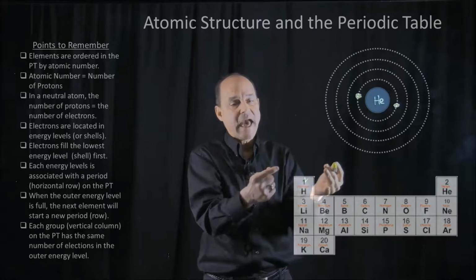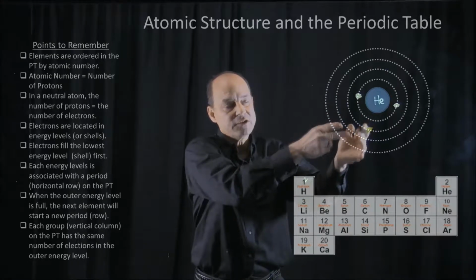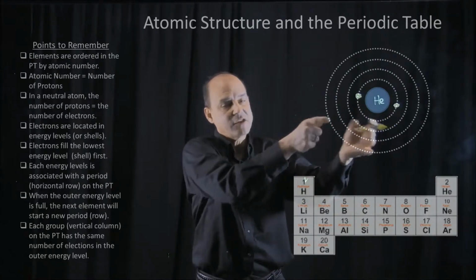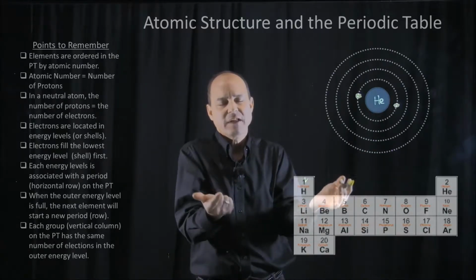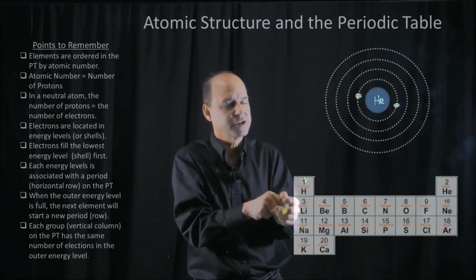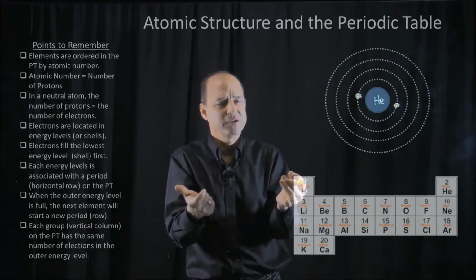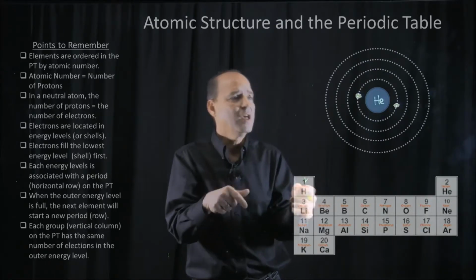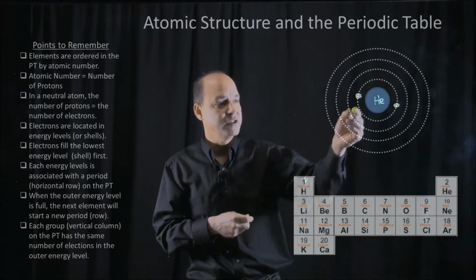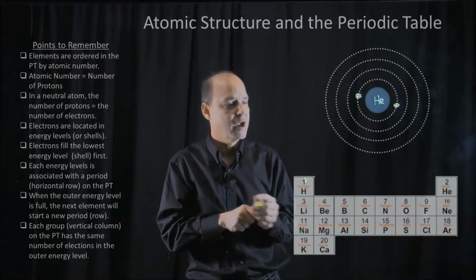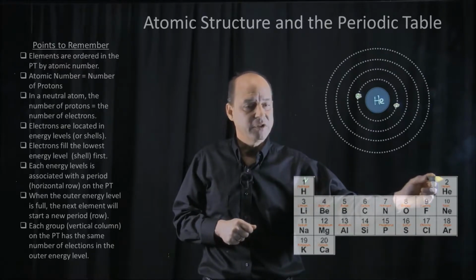When you're building atoms, you always start at the lowest energy level, the shell that's closest in, and that's where you load your electrons in. You don't put them out here on the outer edge. That's just not following the rules. There are chemistry reasons why we don't do that. Suffice to say that the rule is that we start loading electrons in the lowest energy level first. All right, so we have built helium.